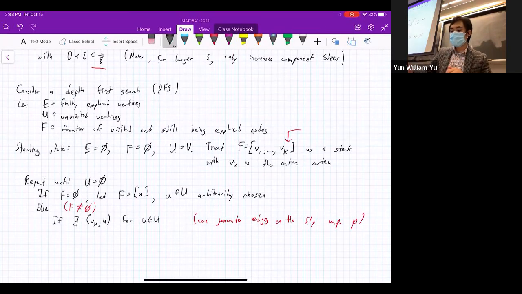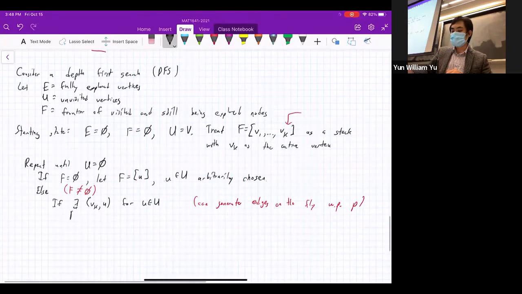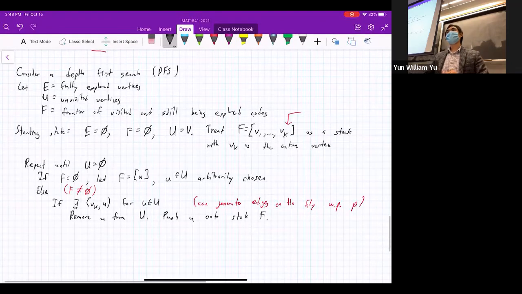If there exists an edge there, then we remove u from U and push u onto stack F. So if there's an edge, then it's no longer an unvisited vertex. That's now part of your frontier of visited and still being explored nodes. Then the next step, you go to that node and look around, and the first time you see an edge coming from that node, you go there, and so on.